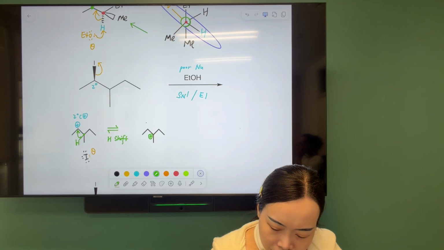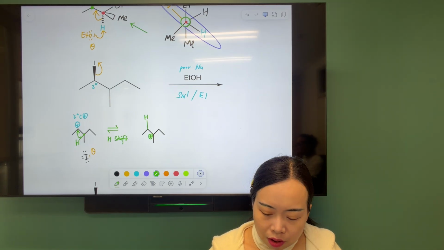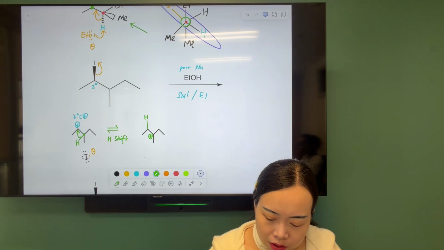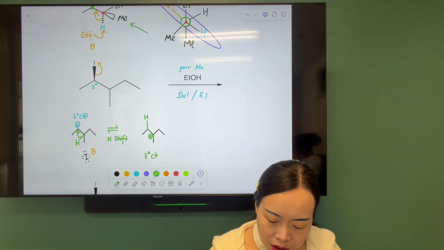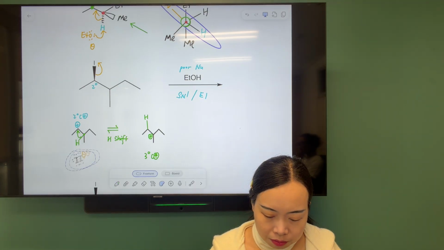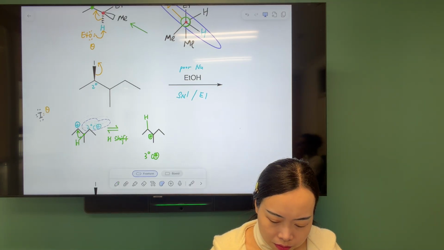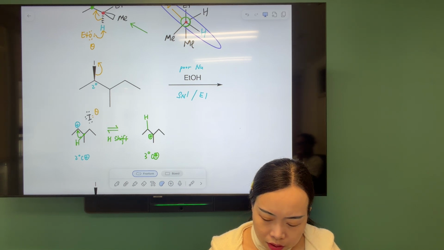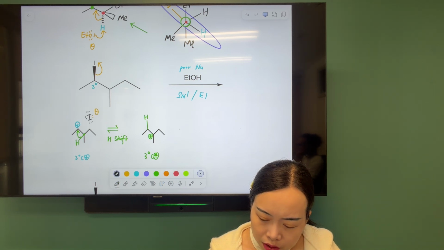Previously this was a positive and this is a hydrogen now. So I now form a tertiary carbocation. With me? Okay. That is here. Now the next thing is our nucleophile is going to attack it.